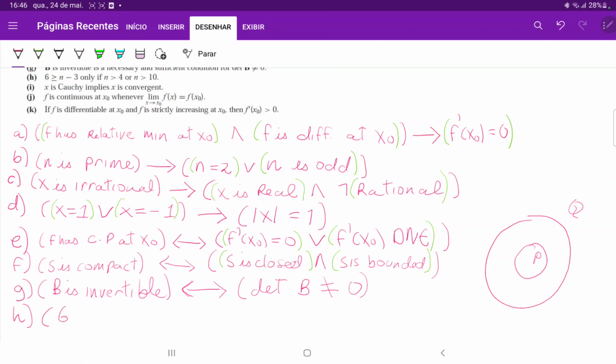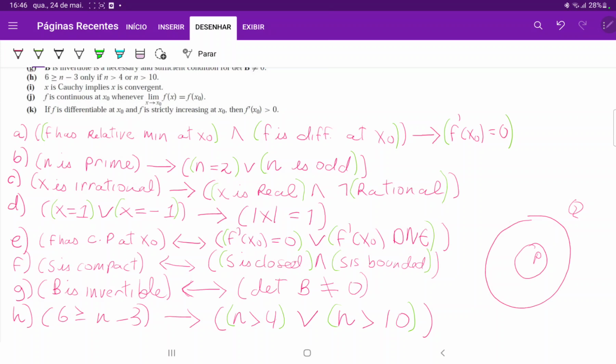So here, 6 greater than or equal to n minus 3, only if means conditional, if P then Q. So if n is greater than 4 or n is greater than 10, where or is represented by the disjunction. And once more, we do have to put parentheses because the or goes first, right?